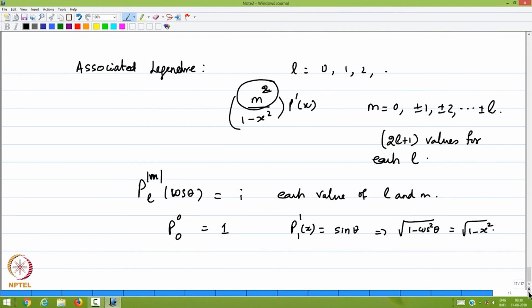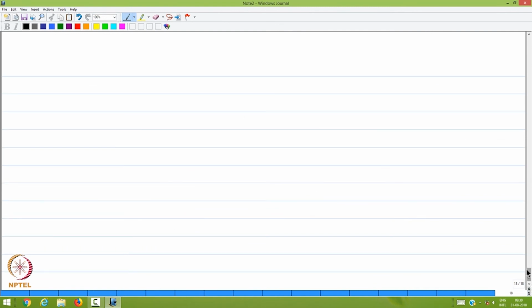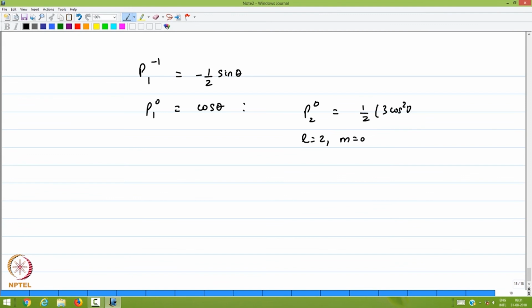And likewise you can determine in the same way that P_1^-1 will turn out to be minus half sin theta, P_1^0 will turn out to be cos theta, and one last expression, P_2^0, L is 2, m is 0, this is 1 by 2 times 3 cos square theta minus 1. The rest of the details of the associated Legendre polynomials are in the lecture notes.